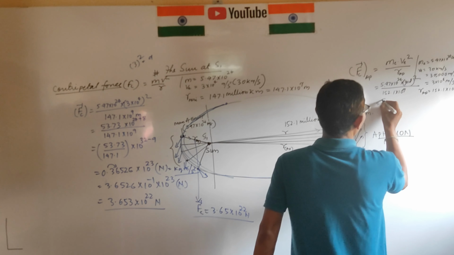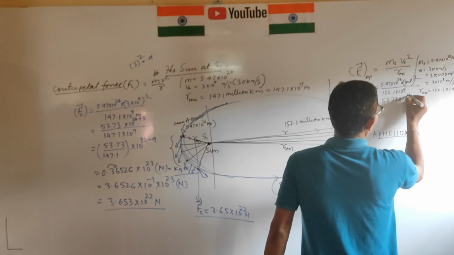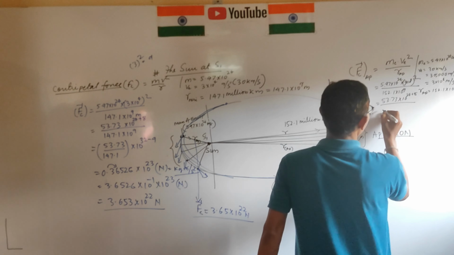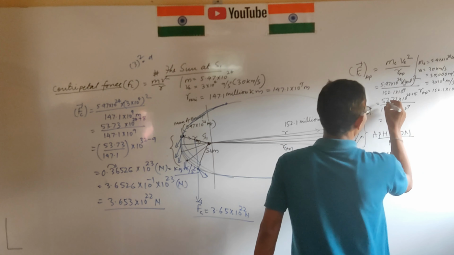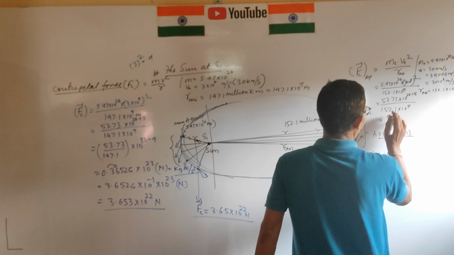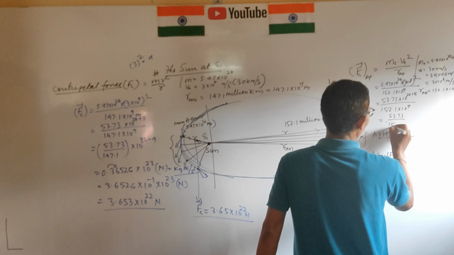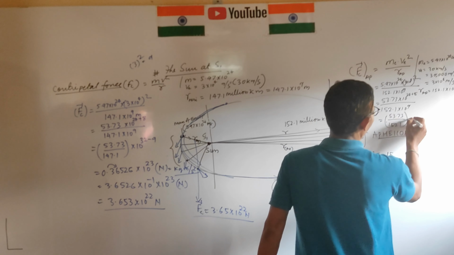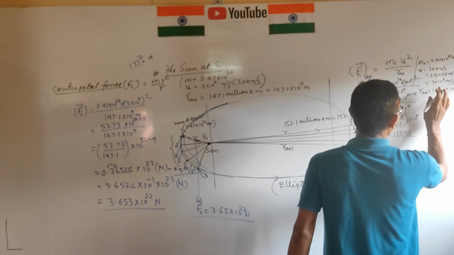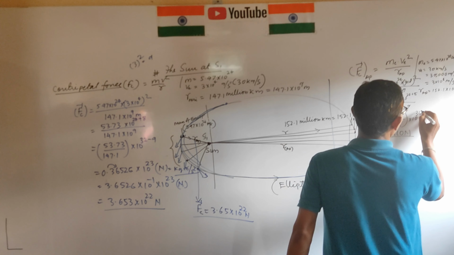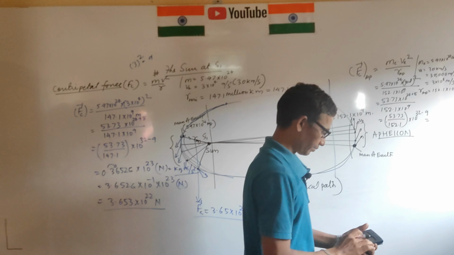This is 53.73 into 10 to the power 24 plus 8, divided by 152.1 into 10 to the power 9, that is 53.73 by 152.1, and 10 to the power 32 minus 9. And how much is it?